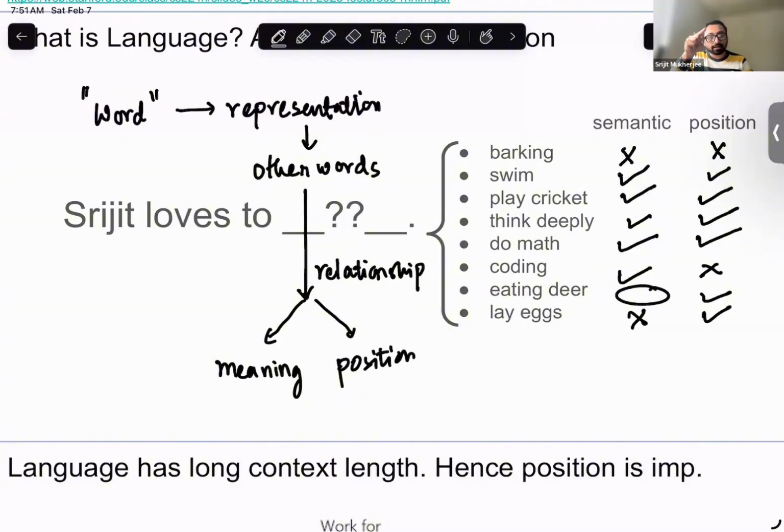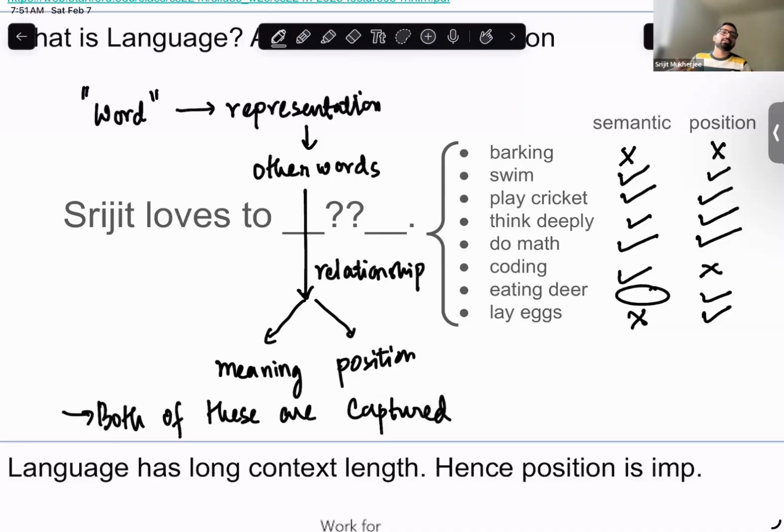We must make sure, guys, that both of these are captured in the final vector representation, in the tokenization, as you say.